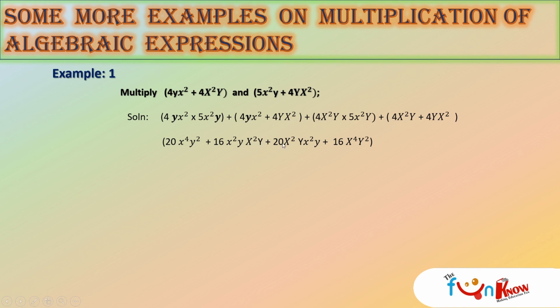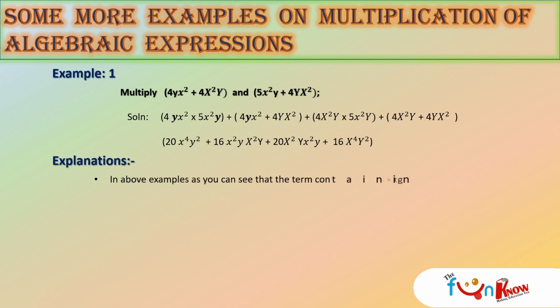Here you will get the answer 20x square and y, which is capital, and x square and y, which is small. And here you will get the answer 16x raised to 4 and y raised to 2, because the base was the same, so you can add 2 plus 2, as we have already seen in our example.